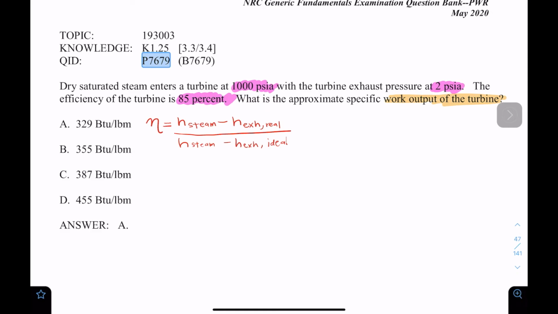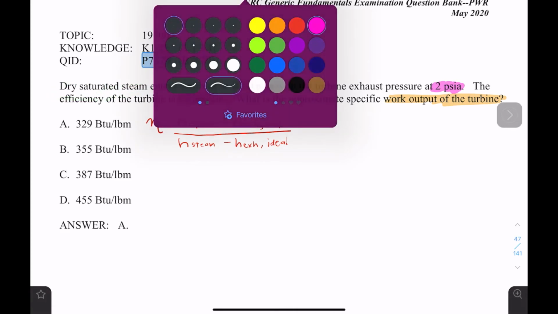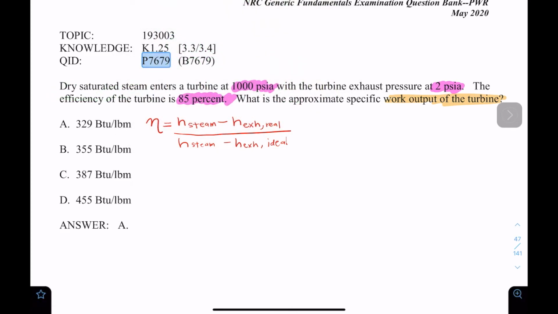If we go to our steam tables and we look for 1000 psia, which is not going to be directly there, but remember it says dry saturated steam enters the turbine at 1000 psia. So that's Hg at 1000 psia. We can go to a different page on the steam table.